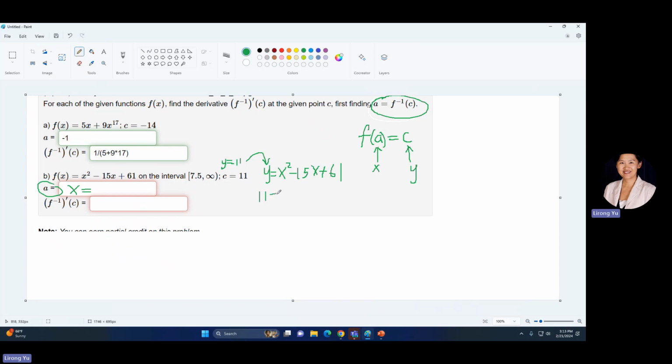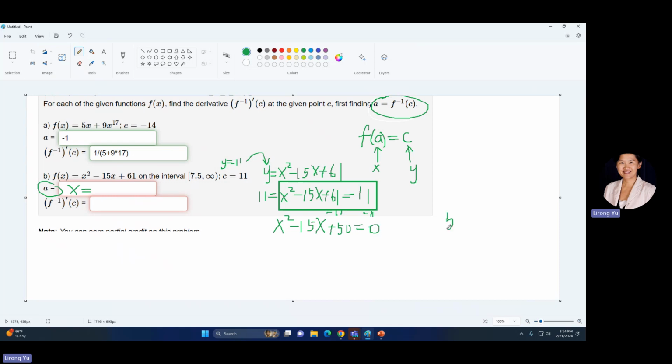So 11 is equal to x squared minus 15x plus 61. Let me write the 11 on the right side. That's the equation right now. Then we subtract 11 on both sides of the equation. We then have x squared minus 15x, and 61 minus 11 is plus 50, which equals 0.